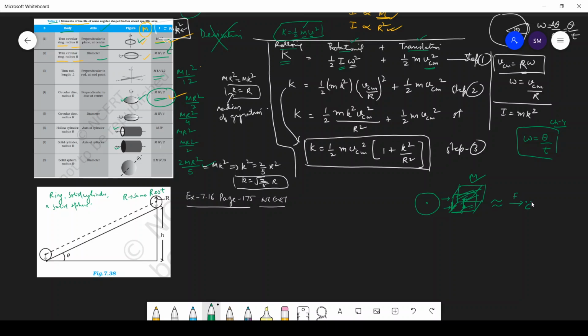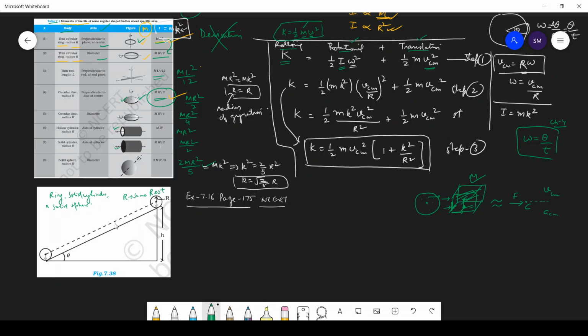So I am going to study the motion of the center of mass, meaning the velocity of the center of mass and the acceleration of the center of mass. It represents this whole cube. So in translational motion, that is half mv square, because different particles have different velocities, that we have studied in the last video. You can see the last video if you have not watched it, to understand rolling motion more.